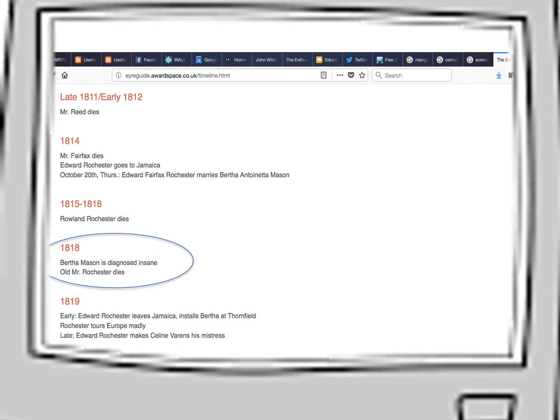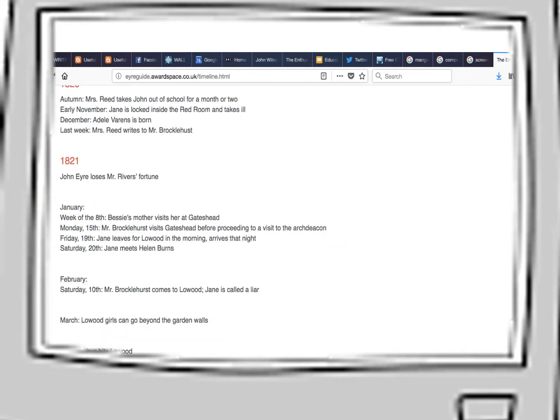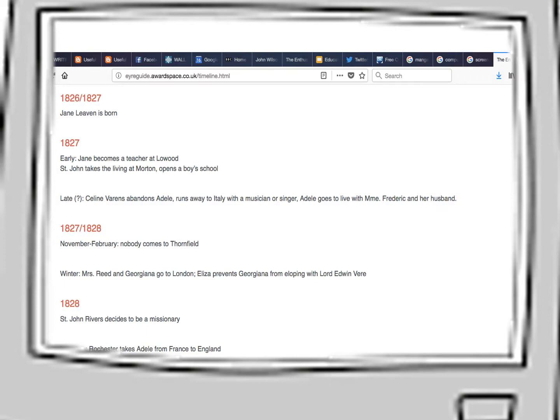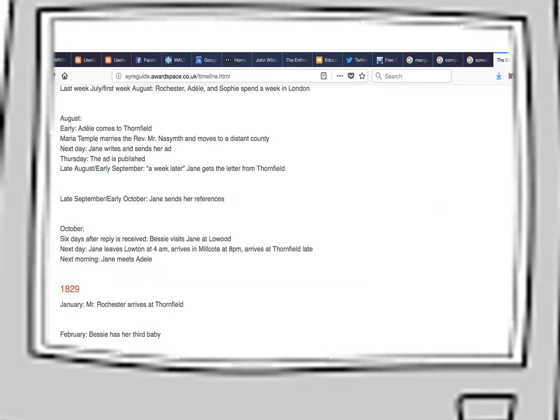And in 1818, Bertha Mason is diagnosed insane. Now the novel starts to heat up, and the main action is taking place in late 1828 and early 1829 and moving on into 1830.